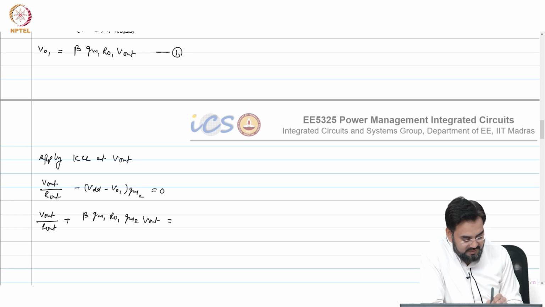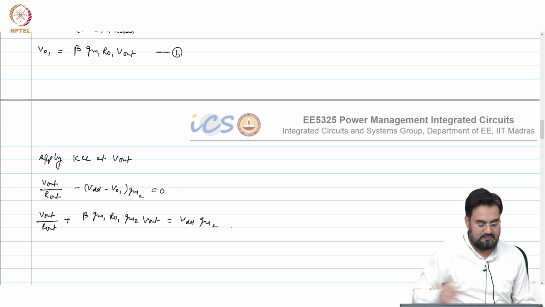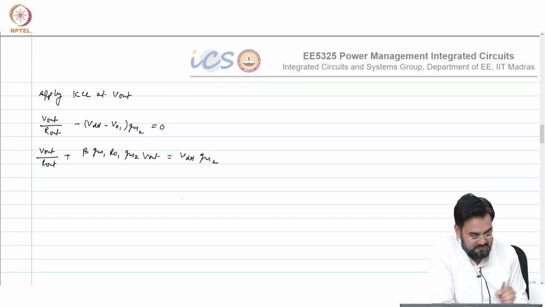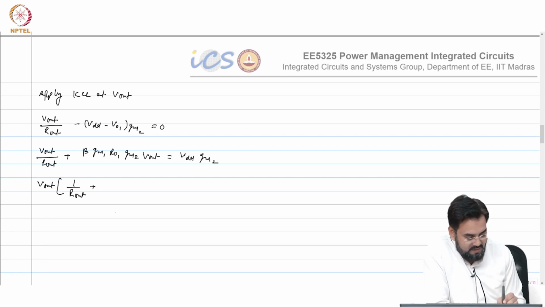V out equal to, so V out plus beta GM1 RO1 GM2.